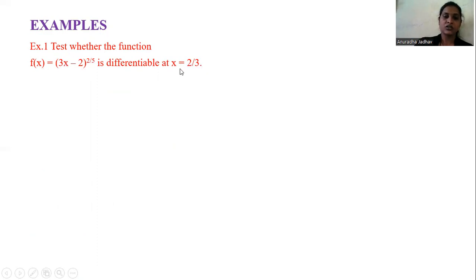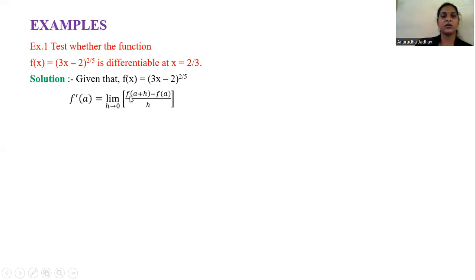Now we have to solve this by the usual method. Firstly, write the function that is given. f of x is equal to (3x minus 2) raised to 2/5. Then use the definition of derivative, that is, the first principle method. f dash of a is equal to limit as h tends to 0 of f of a plus h minus f of a upon h.